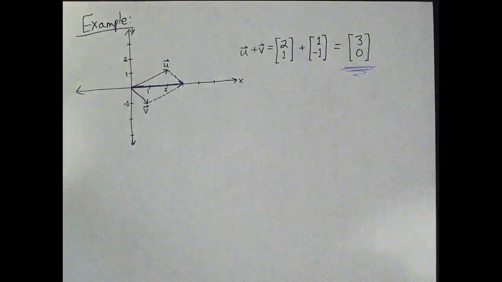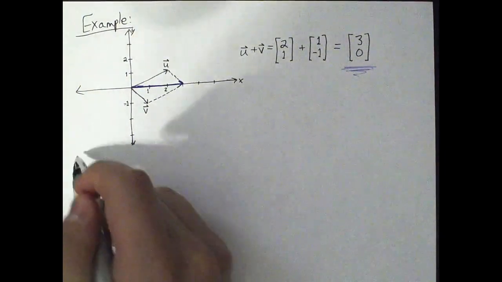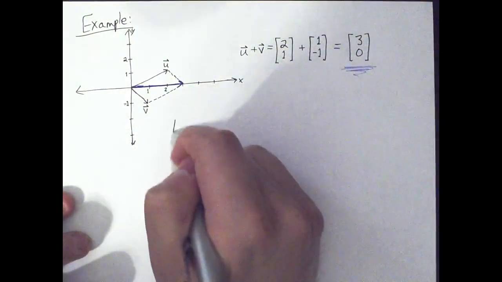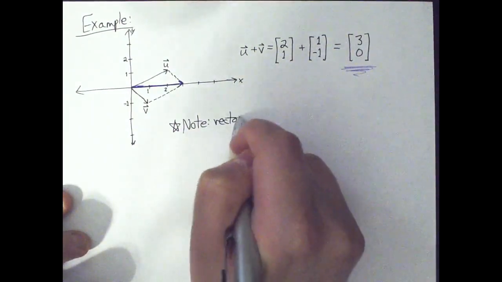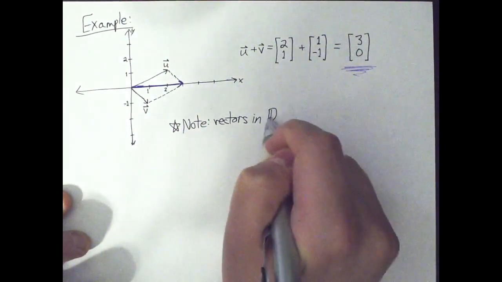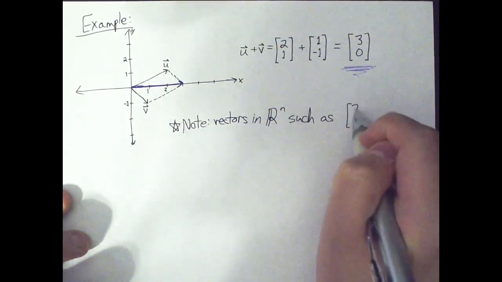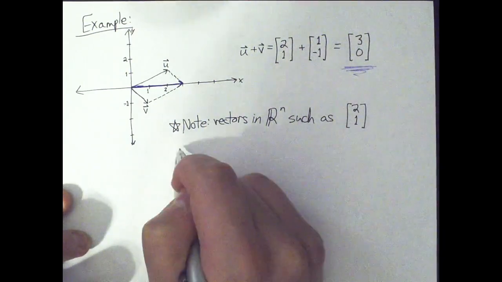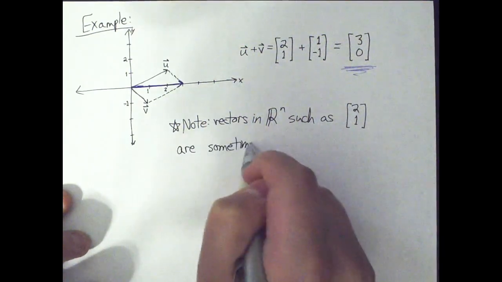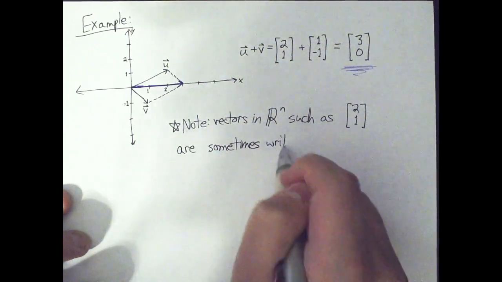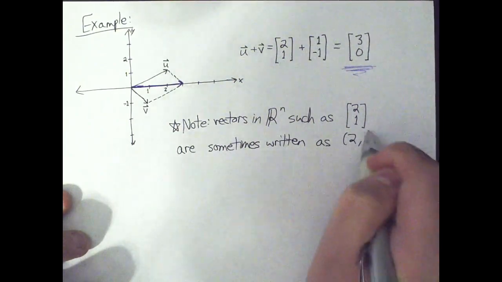You know, occasionally we'll see connections to other areas of math here. So I want to say that let's note vectors in Rn such as the vector 2, 1 are sometimes written as the point 2, 1.